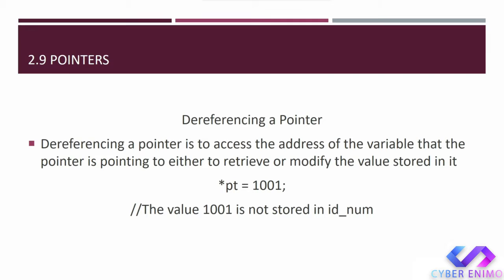We do that by adding the star sign in front of the pointer name or the pointer identifier. So for example, if we would like to store the number 1001 in the address pt is pointing to, we simply say star pt equals 1001. What that does is it stores the value 1001 in the address that pt is pointing to.